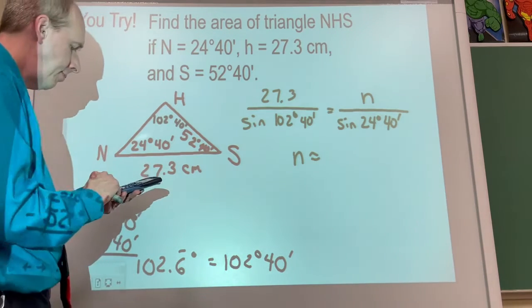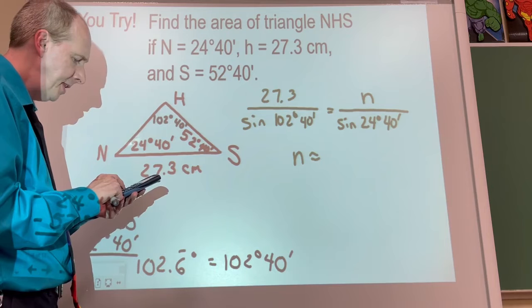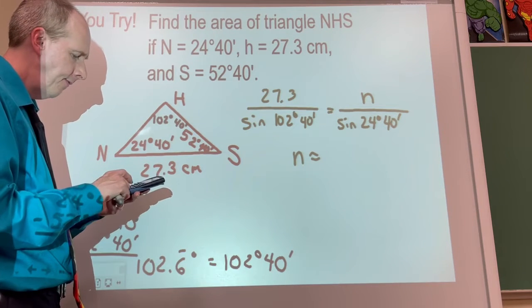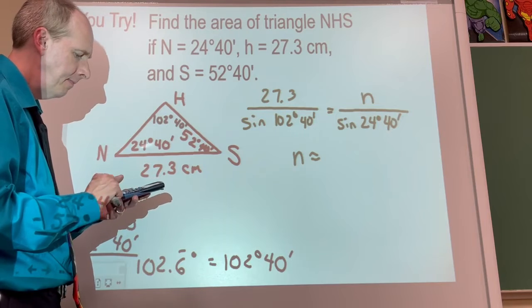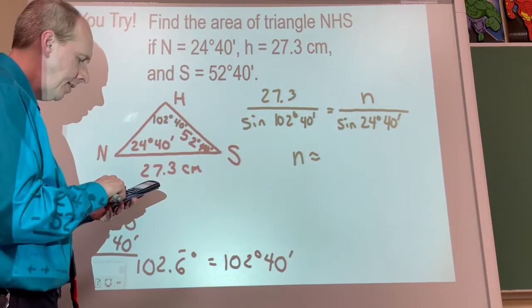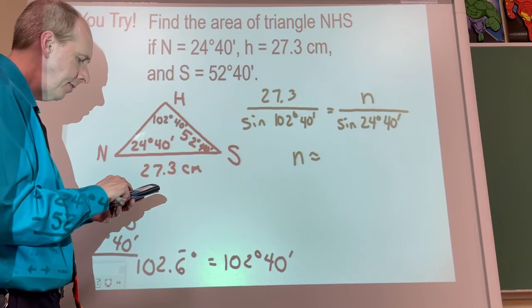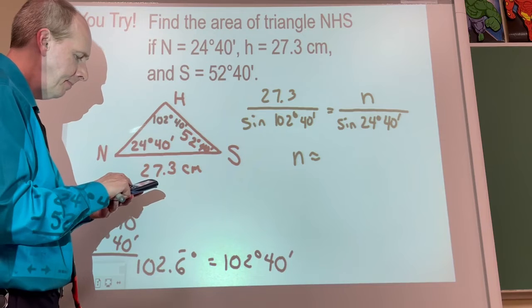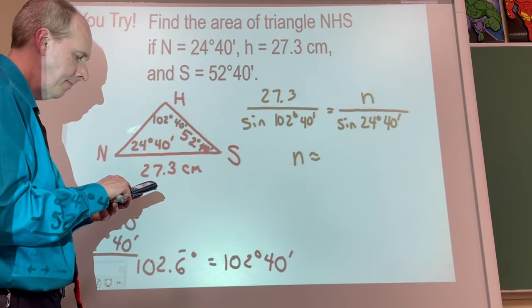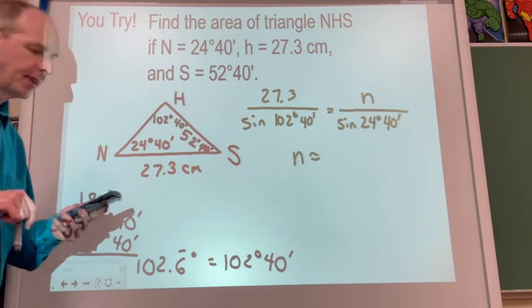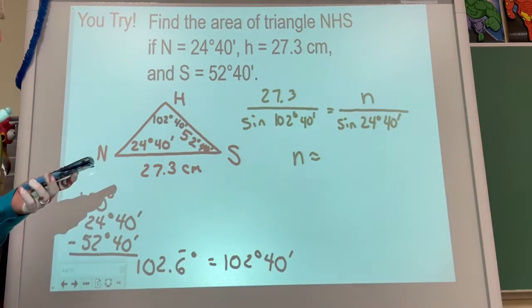So 27.3 times sine of 24 degrees, 40 minutes, divided by sine of 102 degrees, 40 minutes. I got about 11.68.